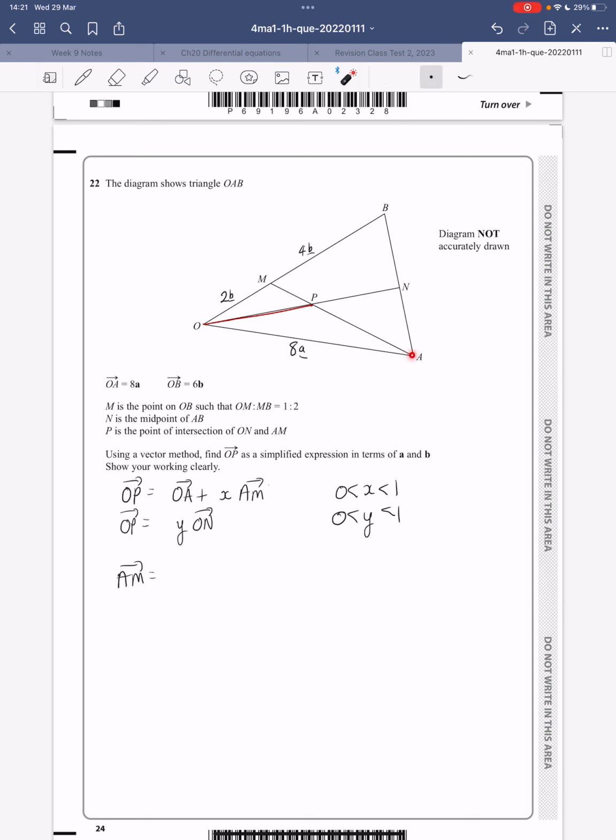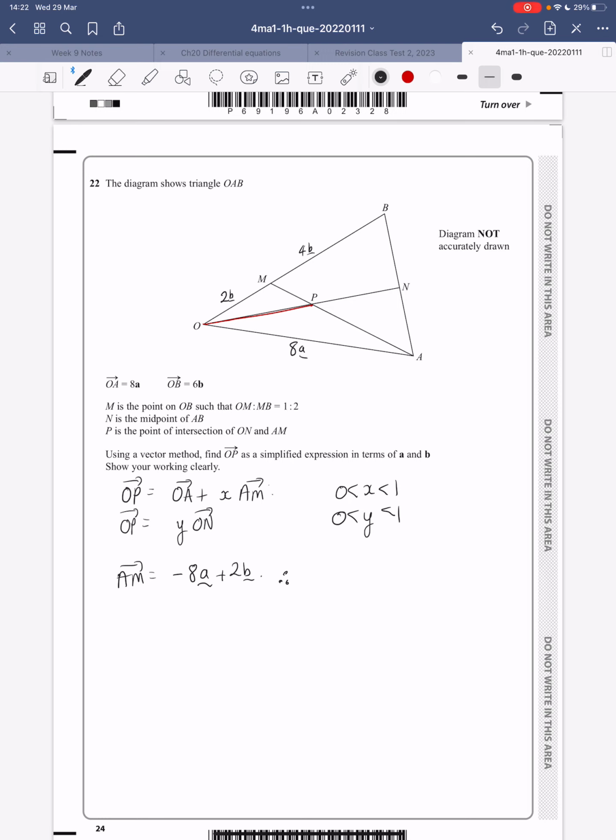A to M, to go from A to M, but to do it in terms of A and B, it's minus 8A plus 2B. Okay, so to get from A to M, we do minus 8A plus 2B. That's A to M. So for this one, we'll substitute that one in there.